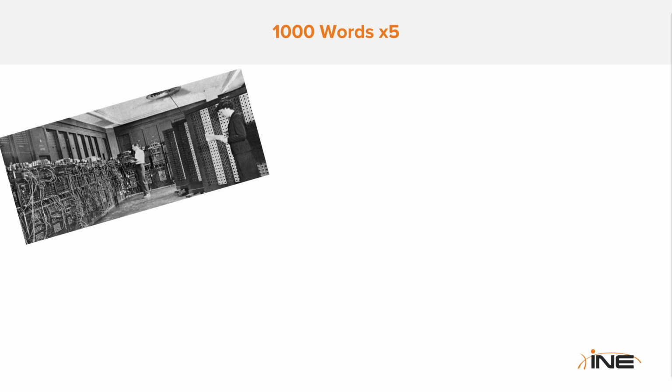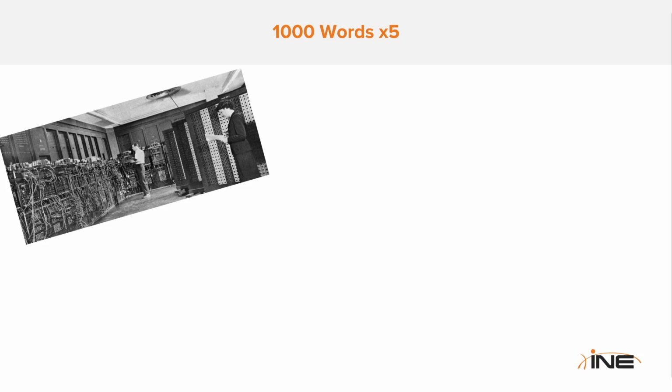Well, first on your screen, we have the ENIAC machine, the first programmable electronic general-purpose digital computer. When first put to use in 1945, it had no internal storage, only punch cards.